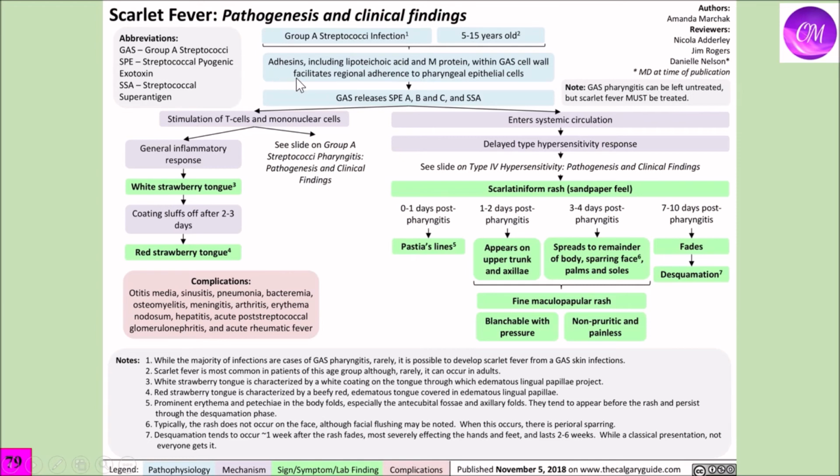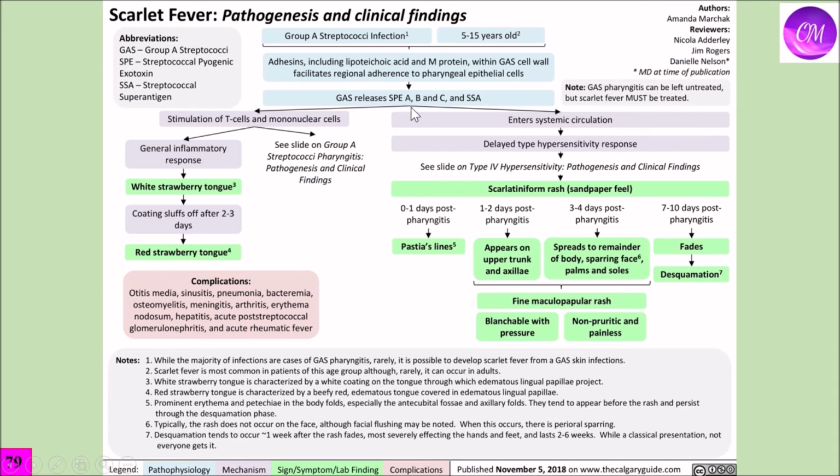Here we see the adhesions, including lipoteichoic acid and M protein, within the group A streptococci cell wall, which facilitate regional adherence to pharyngeal epithelial cells, and the group A streptococci release the streptococcal pyogenic endotoxin.